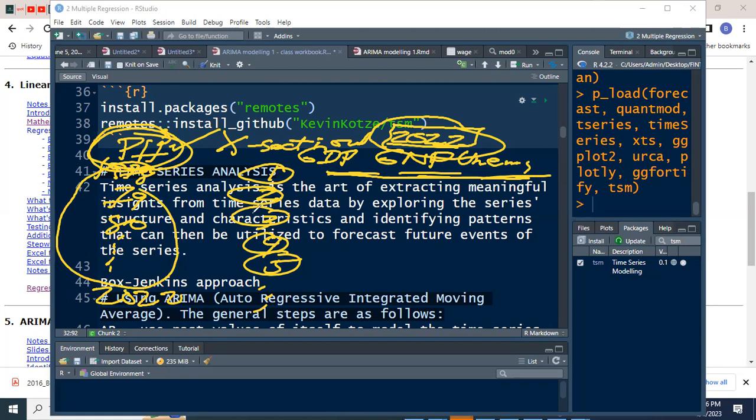Now, a combination of these two is called your panel data. Panel data is the richest, most robust data, because we're looking at several points in time and several units.